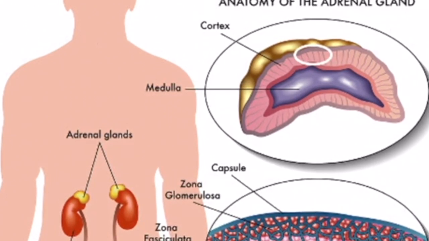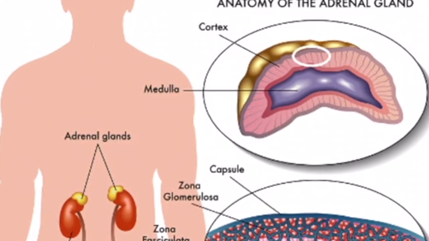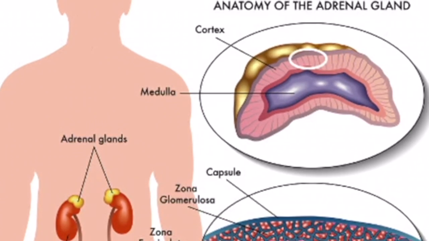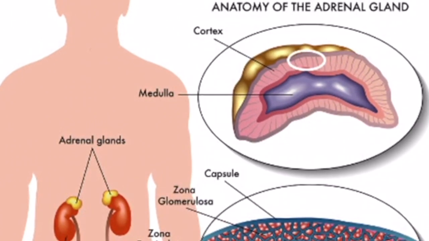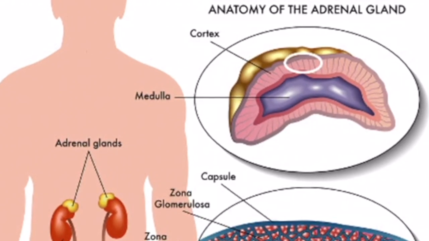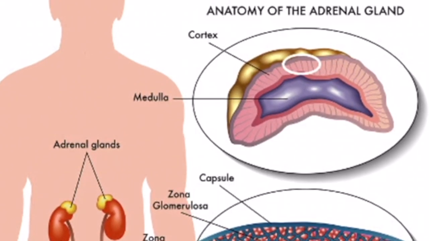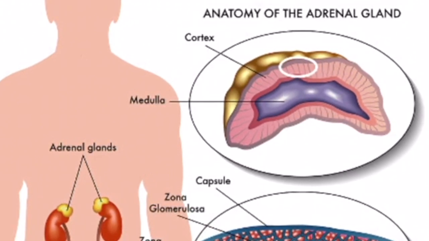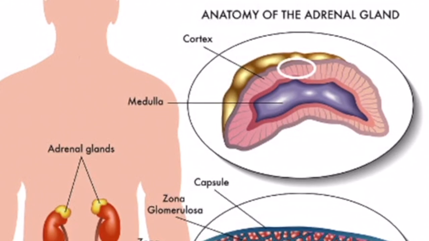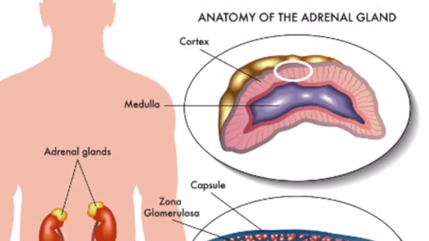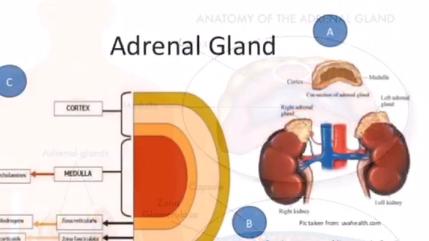The cortisol hormone can help control blood sugar levels, regulate metabolism, help reduce inflammation, and assist with memory formulation. It has a controlling effect on salt and water balance and helps control blood pressure.